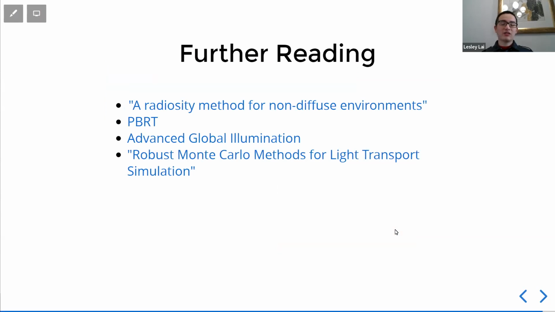And now I will talk about some further reading materials. I will post the links to all of those afterward. First is another paper, the radiosity method for non-diffuse environments. So this is from the radiosity folks, but they kind of independently discovered the rendering equation in the same year.